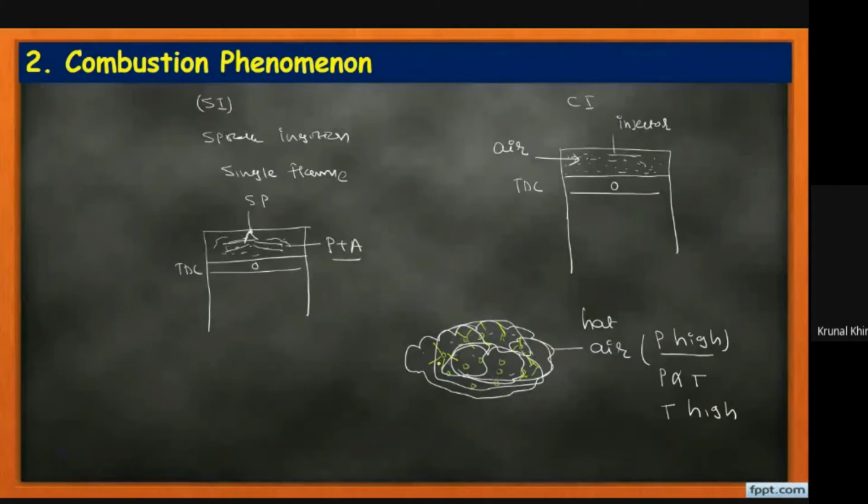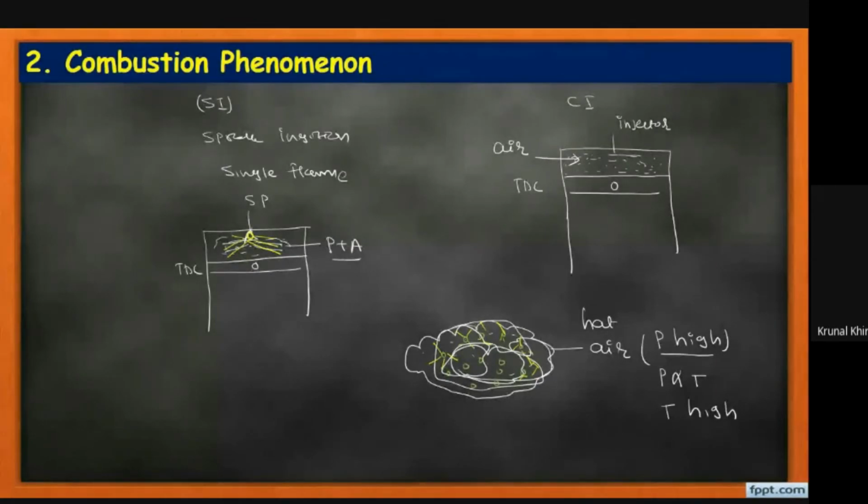So a large number of flames propagate inside the cylinder, whereas in spark ignition only a single flame propagates uniformly, or homogeneously, throughout the cylinder. But here heterogeneous combustion takes place because of the spraying of the diesel fuel. So no single flame is possible in the CI engine, whereas in the petrol engine only a single flame propagates inside the cylinder.